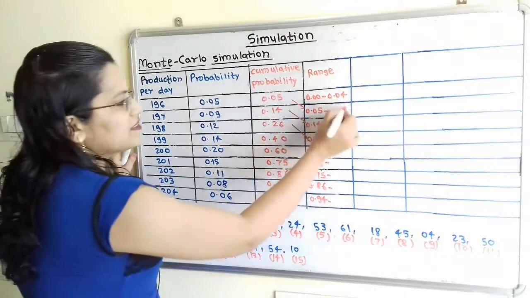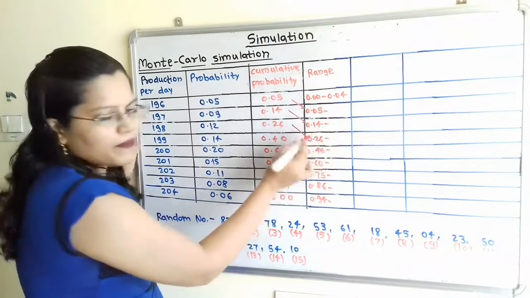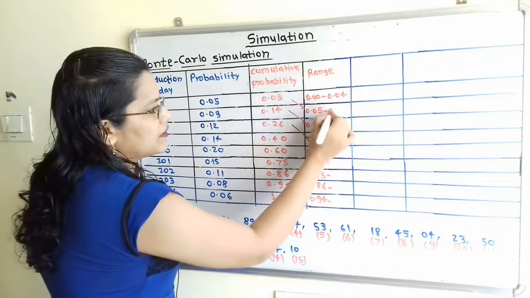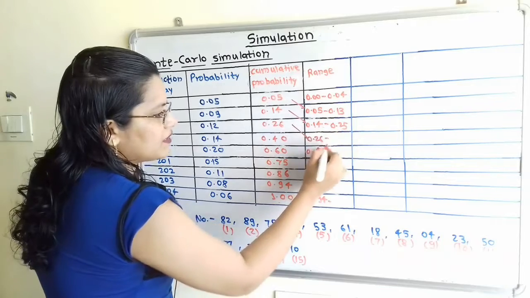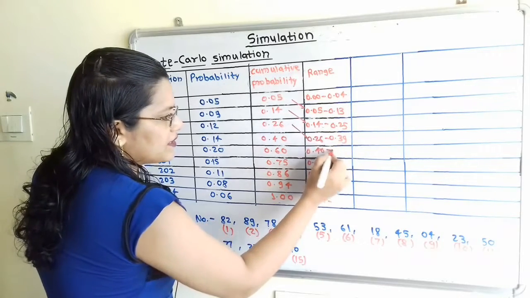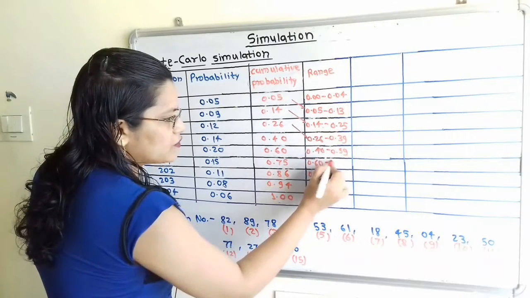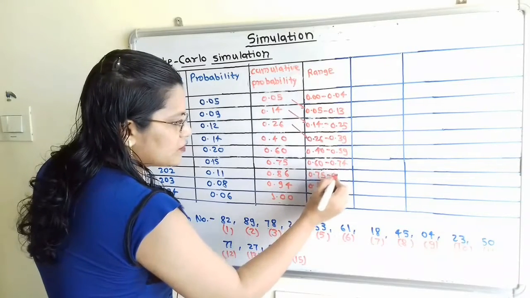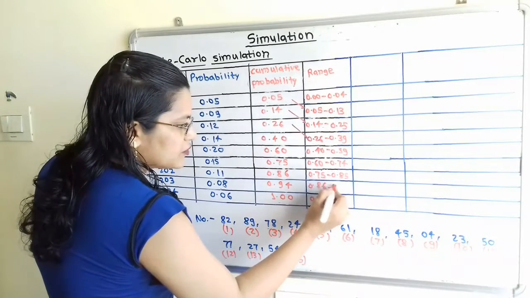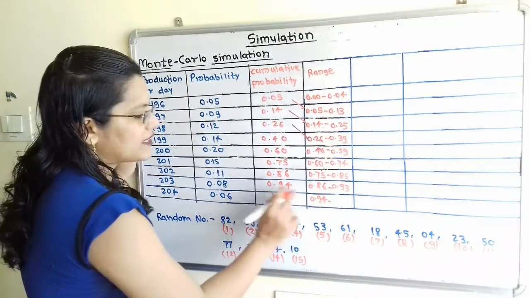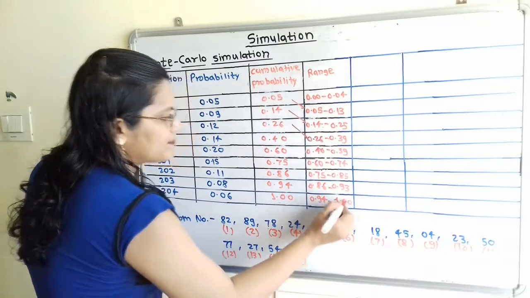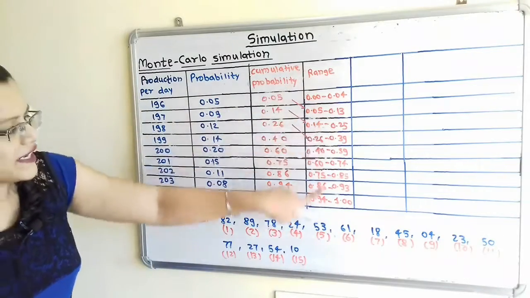What is the second number? We have to take one number less, that is 0.13. Then 0.25, then 0.39, then 0.59, then 0.74, then 0.85, 0.93, and here 0.94 to the last number, that is 1. So this is the range.